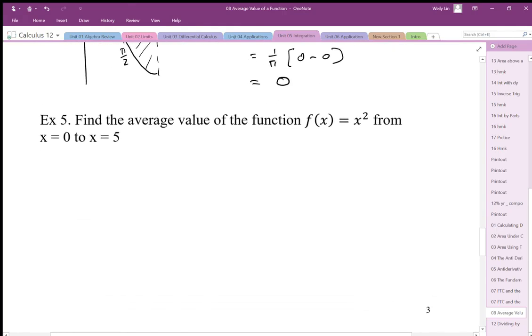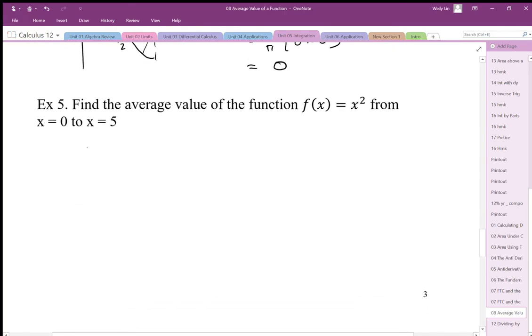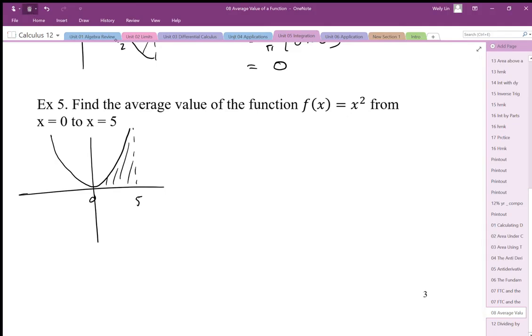Okay, so then moving on to x squared, from 0 to 5. We want to find the average height of that. I'm going to look at the average height, maybe a little bit lower than that. Maybe like that.